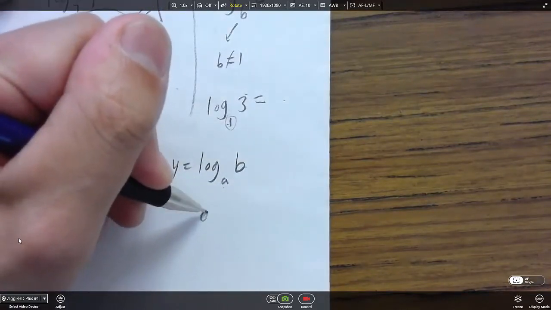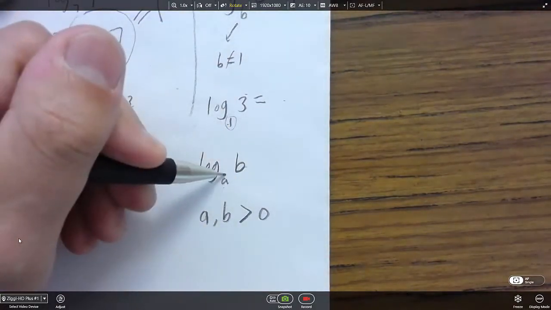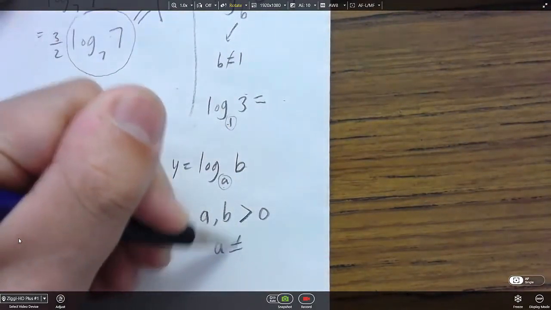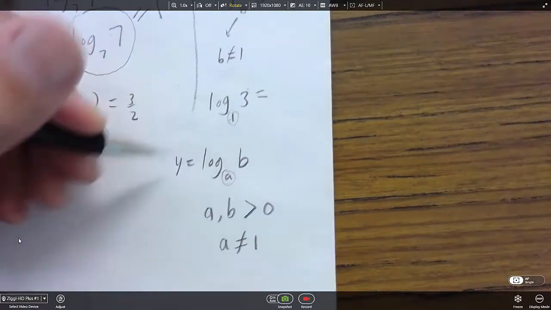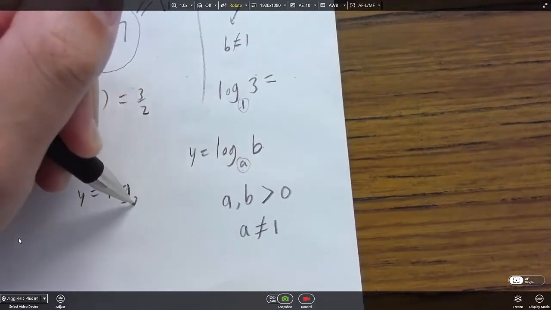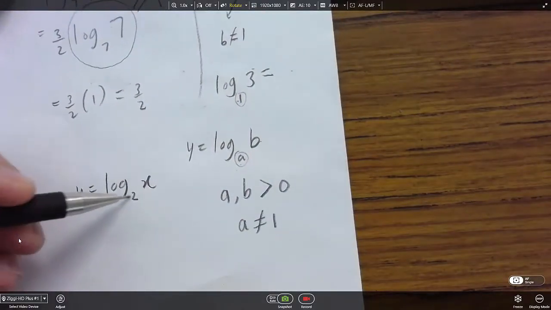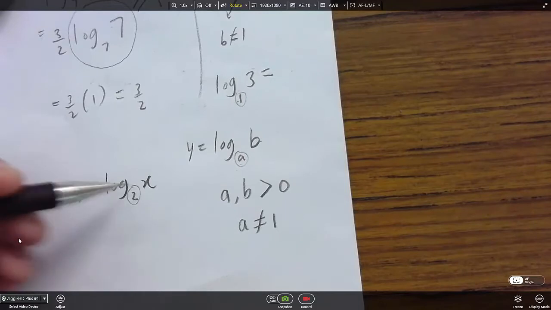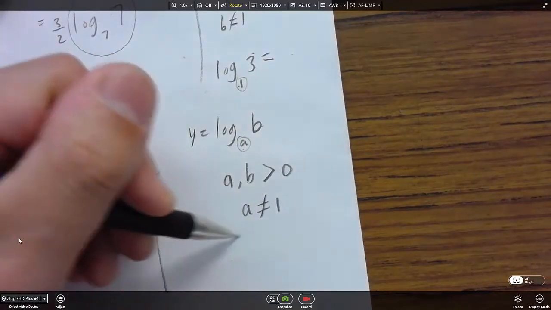In general, we say a and b must be greater than 0, and we say the base a does not equal 1, for the reason we just explained up here. But let me write this one more time. If I say y equals log base 2 of x, what does this graph look like? We mentioned that x must be greater than 0, so we're just dealing with numbers bigger than 0 for now.